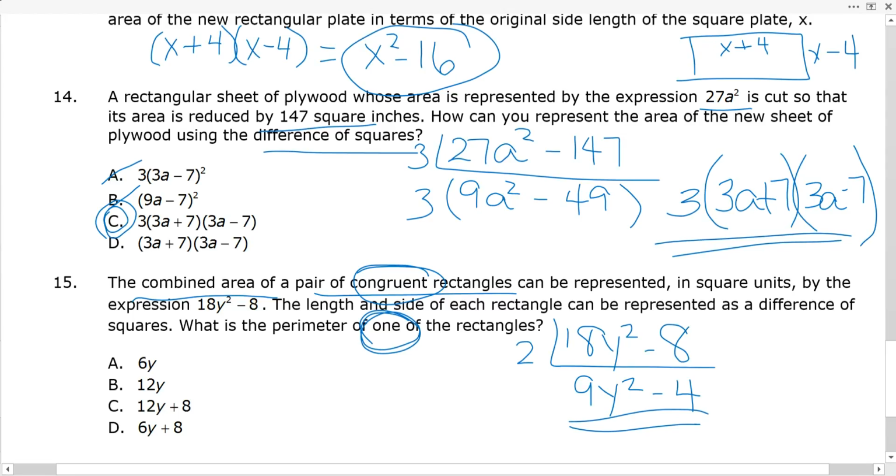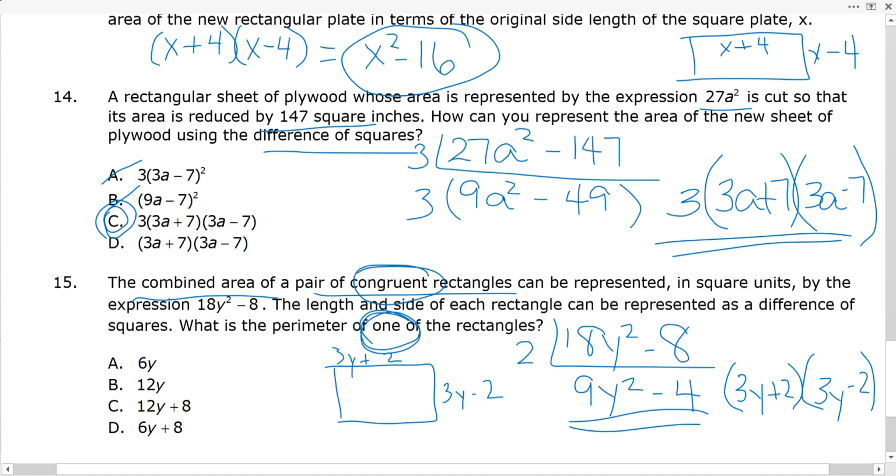So now I need to take the area and figure out how long each side of the rectangle is. So if I take the square root of this, I'm going to end up with 3y and 3y. And the 4, square root of 4 is 2, so I have plus 2 minus 2. So one of my rectangles has one side which is 3y plus 2, and the other side is 3y minus 2.